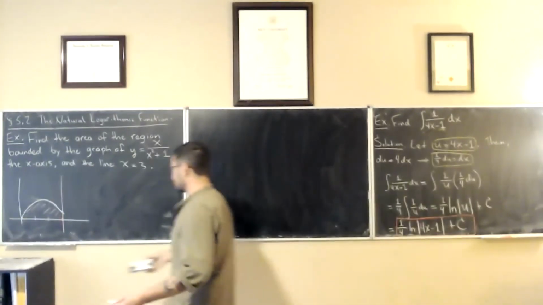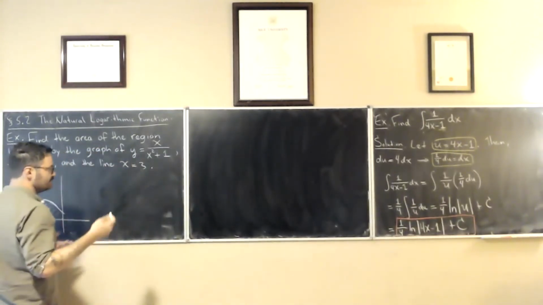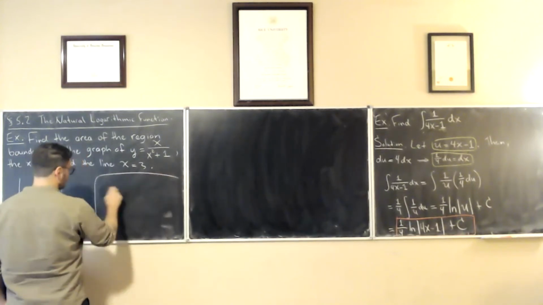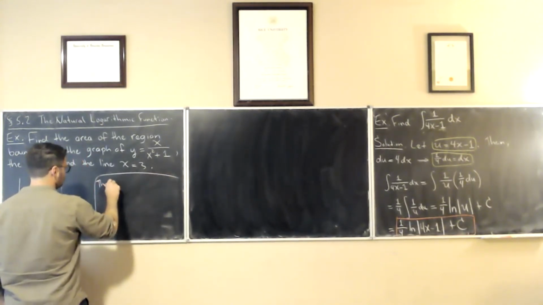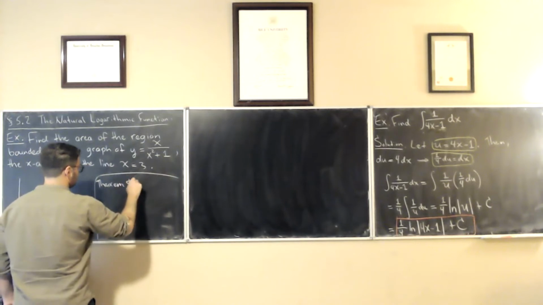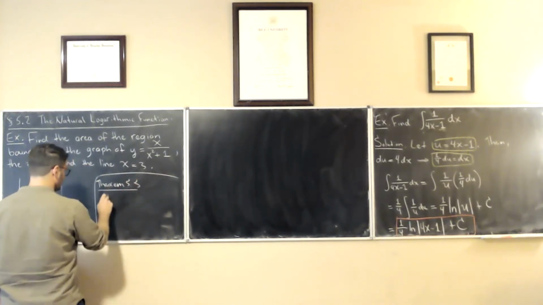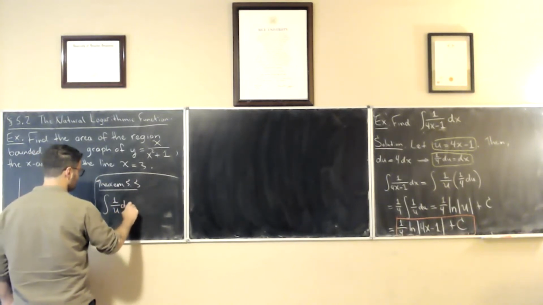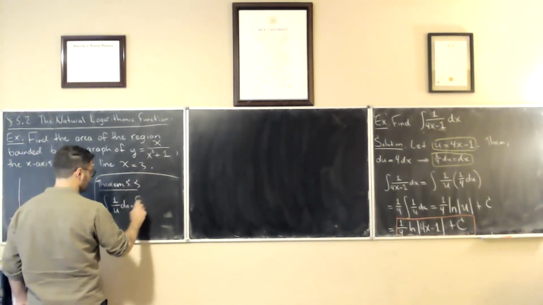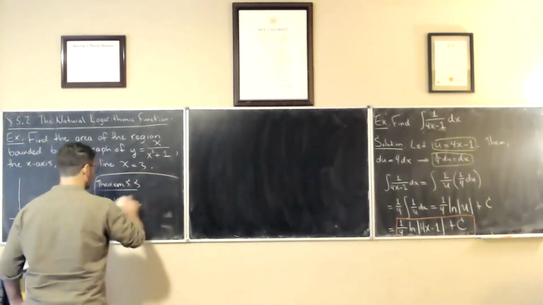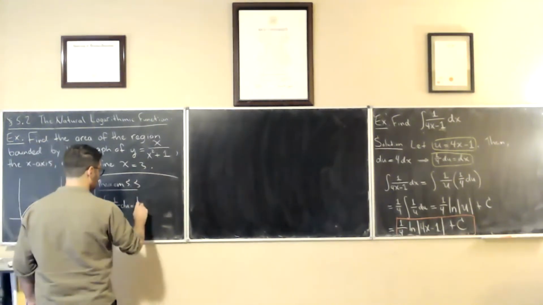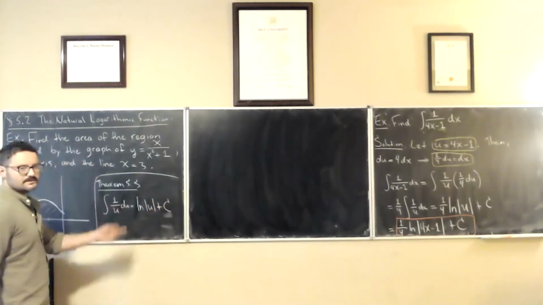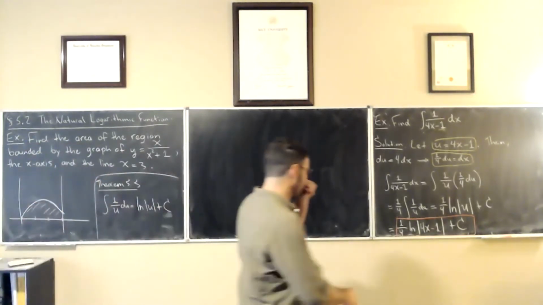And I erased the rule, but again, what we're trying to do at each of these problems is just apply theorem 5.5, which says that the antiderivative of 1 over u du is equal to natural log absolute value of u plus c. So we're just applying this theorem in one way or another in each of the problems.